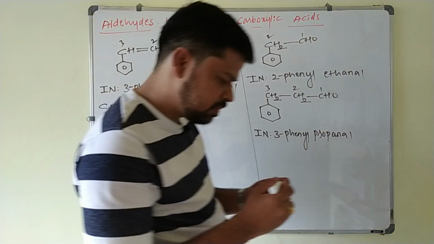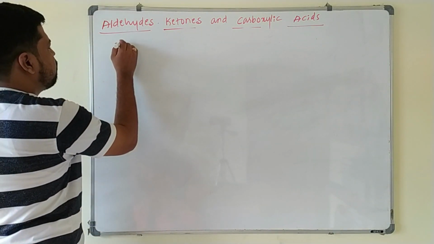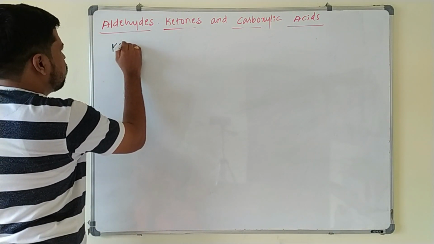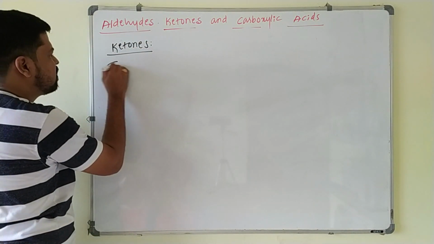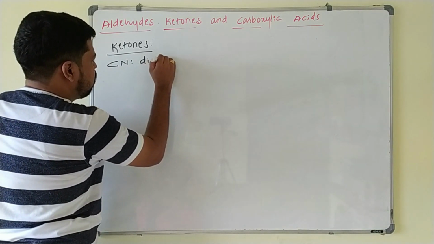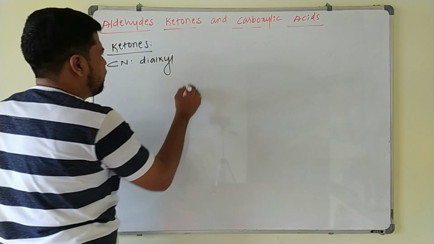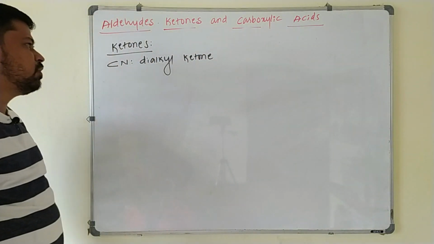Next examples. So now we will discuss naming of ketones. For ketones, the common name is dialkyl ketone. The common name for a ketone is what?